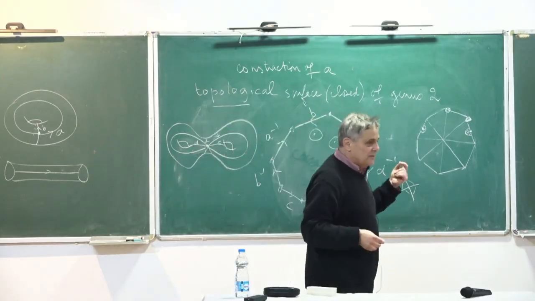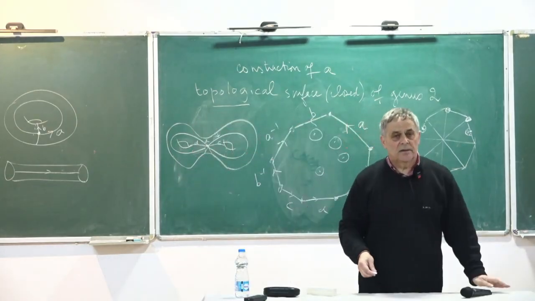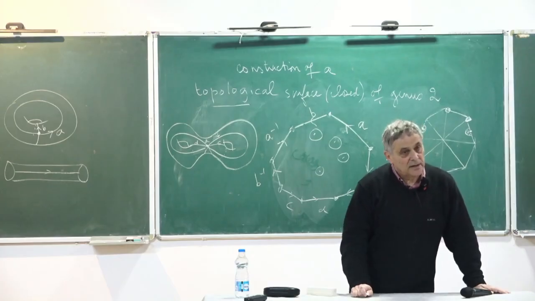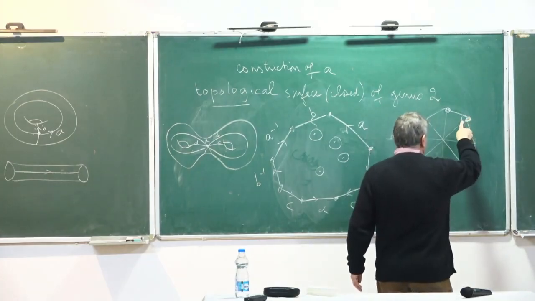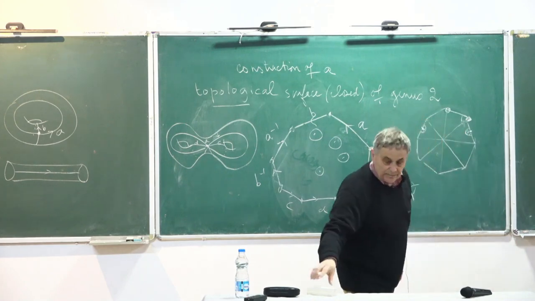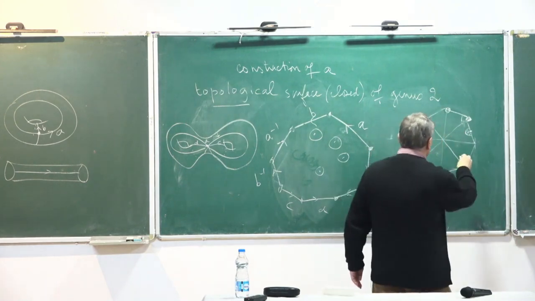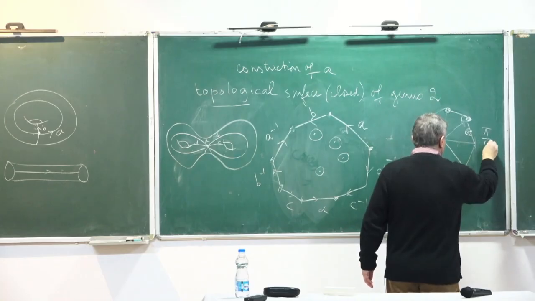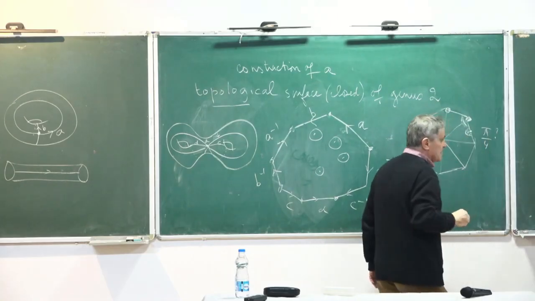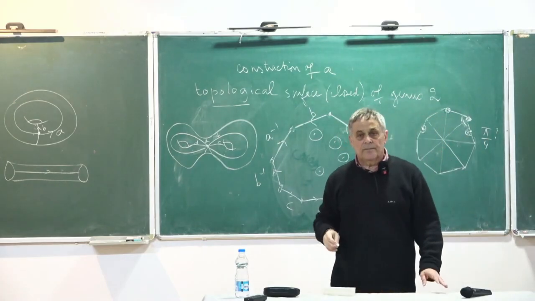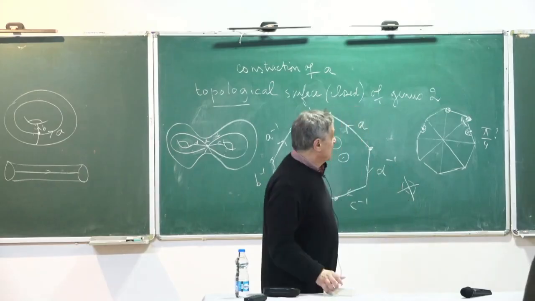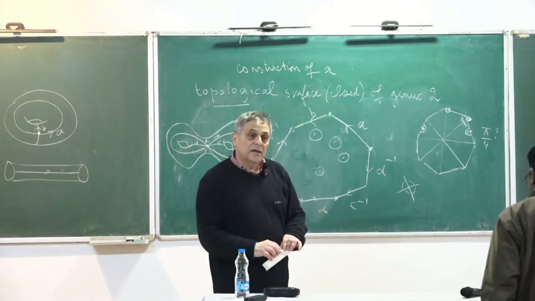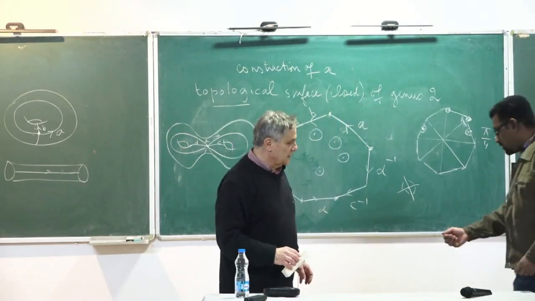So each vertex angle must be pi over 4, right? Do I have a Euclidean octagon where the angles are pi over 4? Is this possible? No, right? This is not possible.